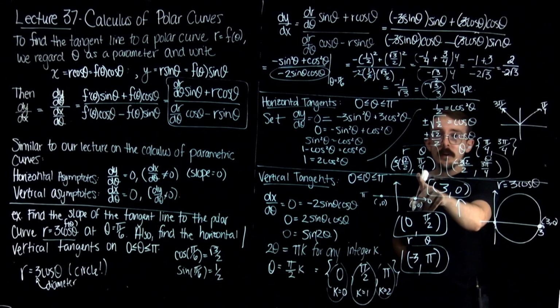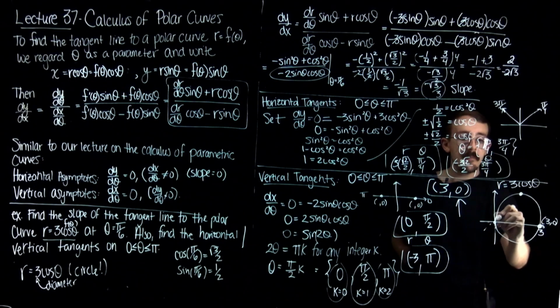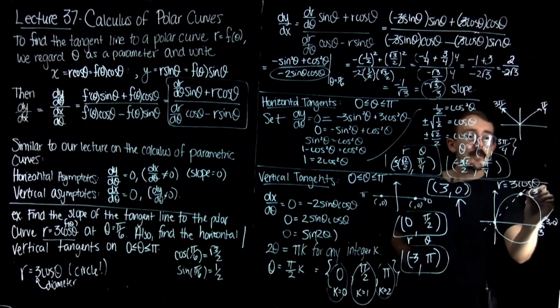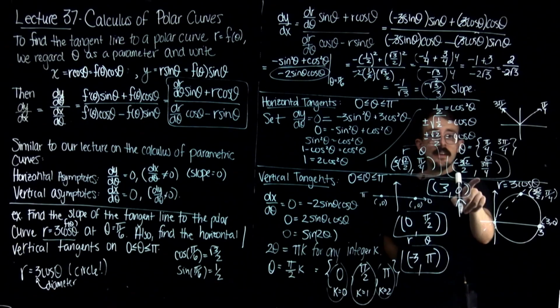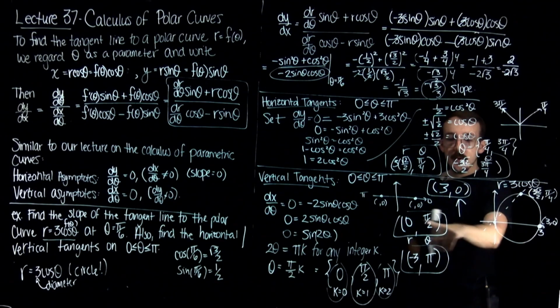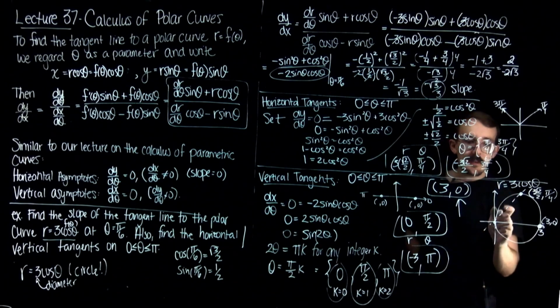Well, we have pi over 4. So at the angle pi over 4, we have 3 root 2 over 2, pi over 4. And the next one is pi over 2, where it's 0 again. So it's right here. So this is 0, pi over 2.